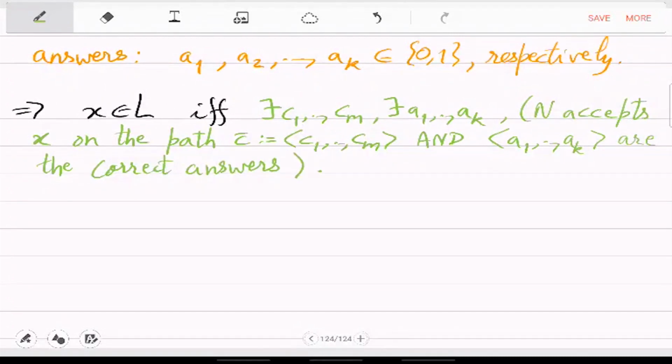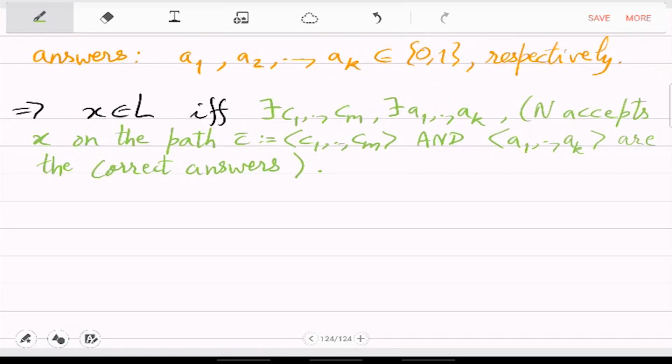Right. So x will be a yes string for L, and remember L was NP to the SAT to begin with, if and only if there is a way to choose the non-deterministic bits C1 to Cm, and get correct answers A1 to AK, such that with this information, this is the only information N needs, everything else N is deterministic.